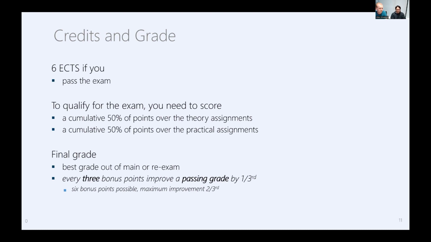But this doesn't mean that these 3 bonus points will help you pass the exam. You first have to pass the exam to get this bonus. So you cannot buy your way out of a failed exam with just these 3 bonus points. I mean, we are generous, but not that generous.